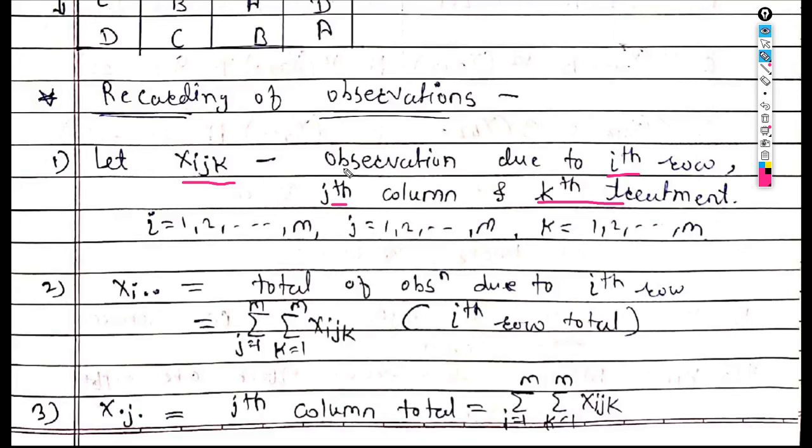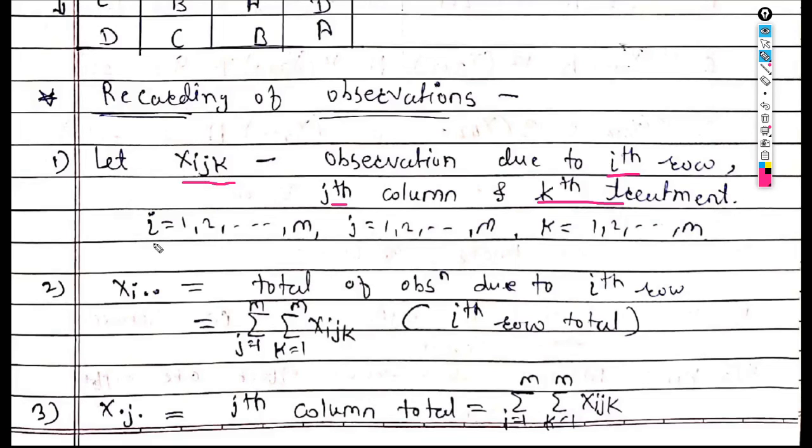So for the ith row, we consider different operators. For columns we consider batches of raw material 1, 2, 3, 4, 5. Suppose we have 5 batches, so we consider batches for columns. And the kth treatment means we consider different formulations. Suppose we have formulations A, B, C, D and E. In this way we get observation Xijk.